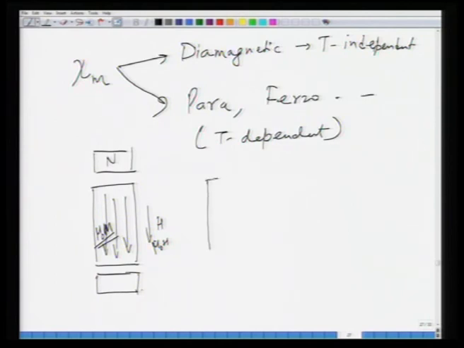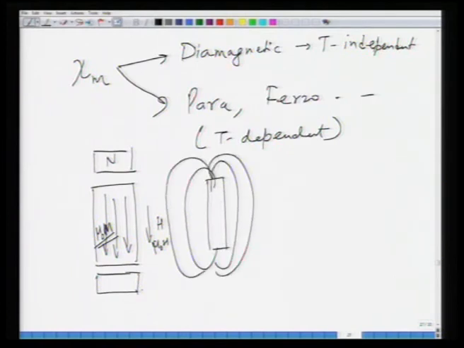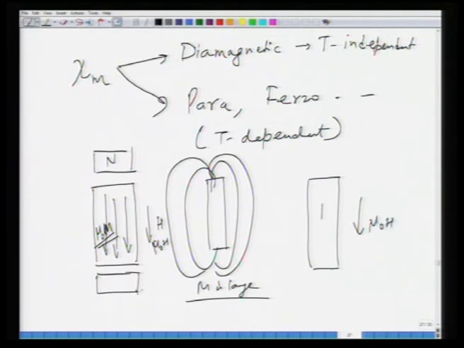If you have a ferromagnet, you have very strong flux lines on the surface. So, this M is large, complete penetration, but large induction. In case of a diamagnetic material, this is your mu naught H, but this is your mu naught M. So, you have some opposition to the applied field. This induced magnetization is in the opposite direction.